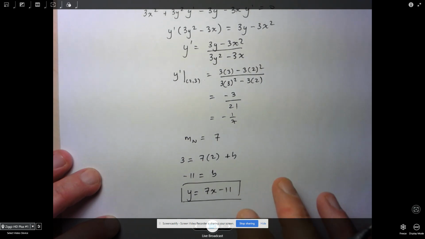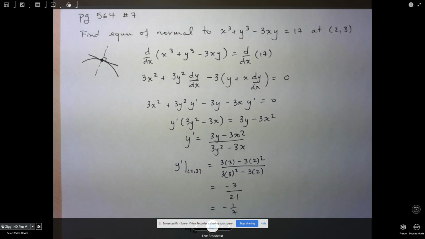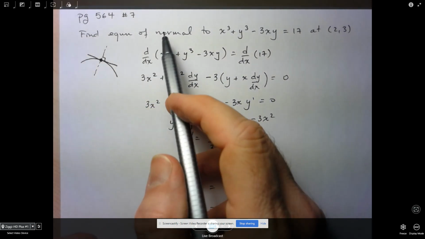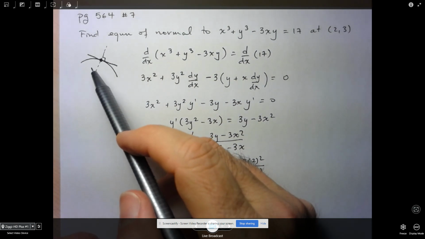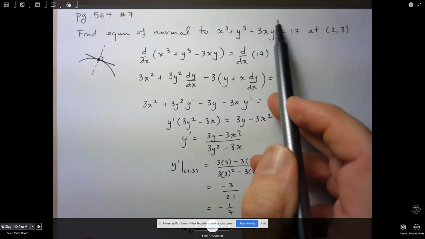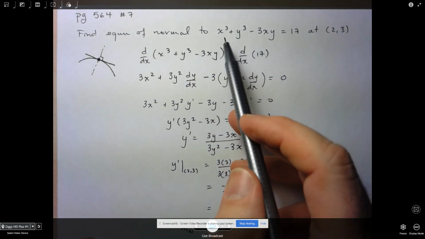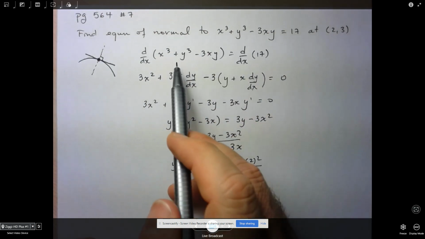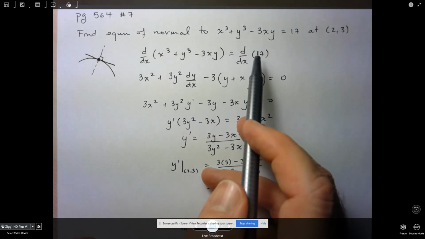All right, so let's recap first. Step number 1 was to understand what the normal was. It's just the line perpendicular to the tangent. So I'm going to follow the steps to finding the slope of the tangent line. Here I have a relation or function defined implicitly, so I used implicit differentiation, which works by just taking the derivative of both sides of the equation.